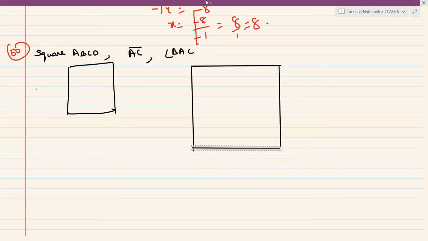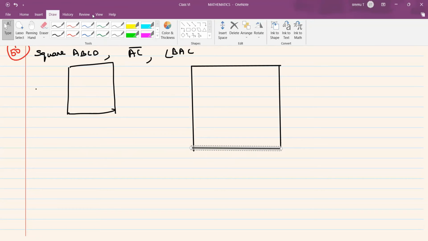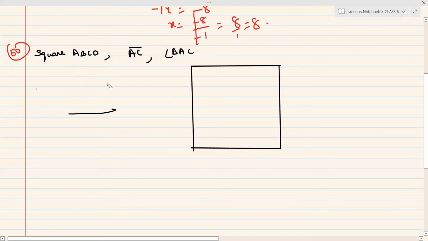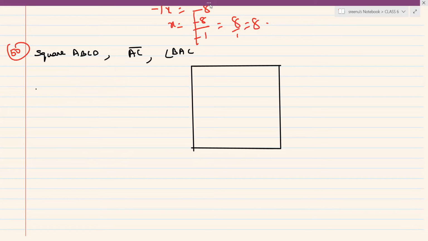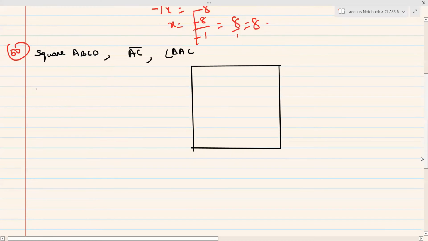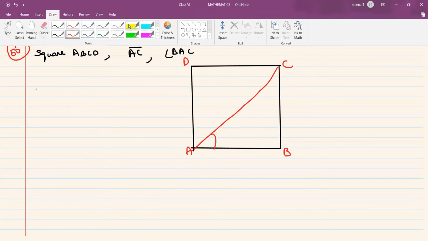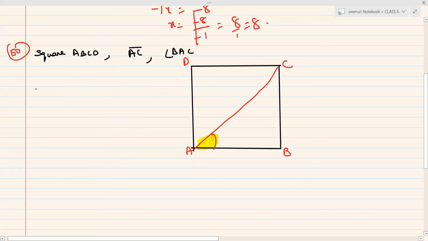So I have drawn a square. Okay. Then what about the diagonal? So I'm naming it A, B, C, D. The vertices. And the diagonal AC is like this. Then what is the angle BAC? It is BAC, this part. I mark with another color. This angle is how much?